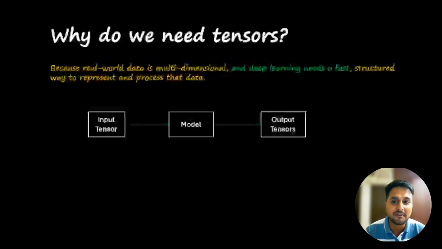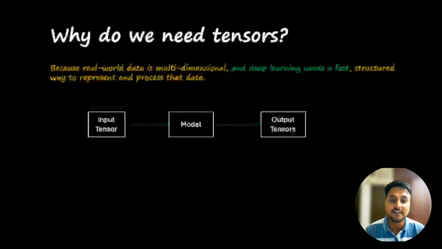They are multidimensional, they can store numbers in multiple dimensions, and they are also fast. Deep learning requires this kind of capability very badly, because in deep learning models there are millions and billions of matrix multiplications, additions, and transposes. So that is why tensors need to be fast.